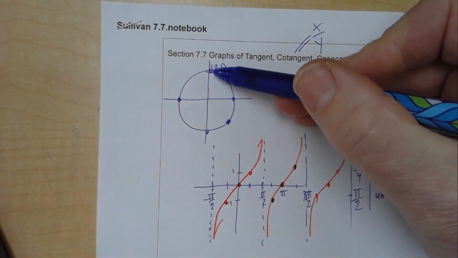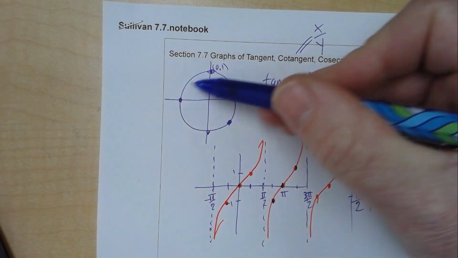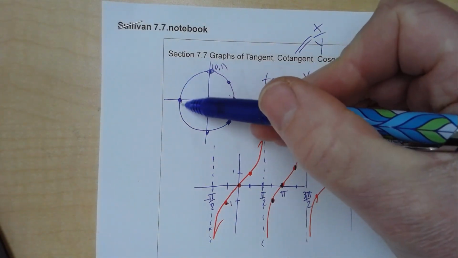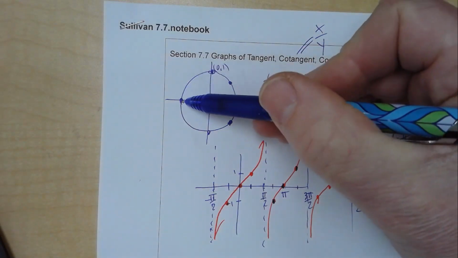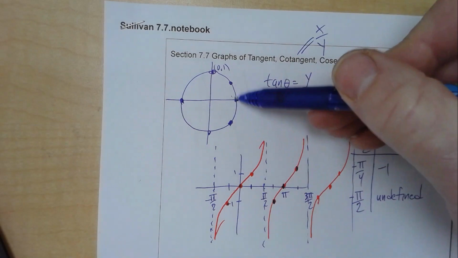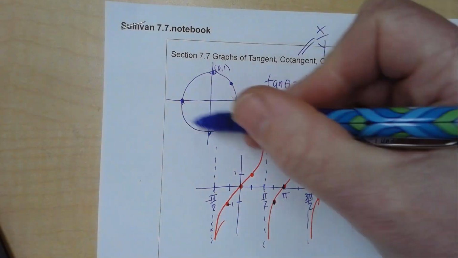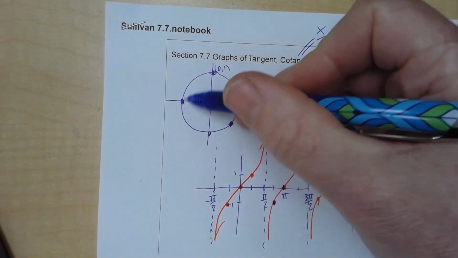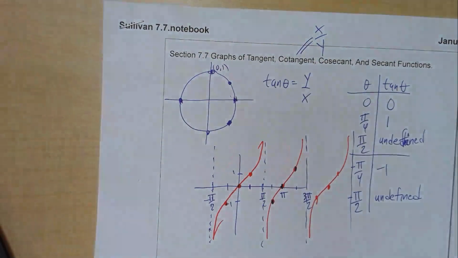So when y is 0, which is here and here, it's going to blow up at 0, at 180, at 360, which is 2 pi, at 3 pi, 4 pi, 5 pi, 6 pi, as it goes around the circle, or negative pi, negative 2 pi, negative 3 pi, negative 4 pi, negative 5 pi. It just keeps blowing up every time it hits the x-axis.